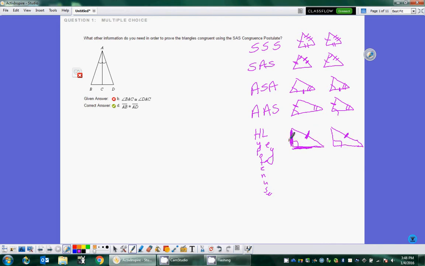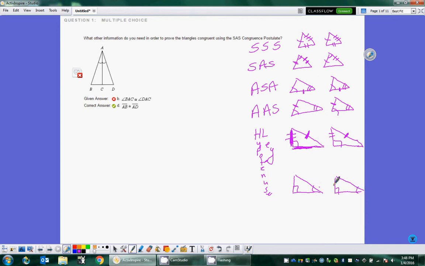So when I look at this first one, we've already got a pair of angles, so I'm using side-angle-side, but the angles are already counted. Because I have 2 triangles sharing that center side, go ahead and mark that centerpiece congruent, okay?